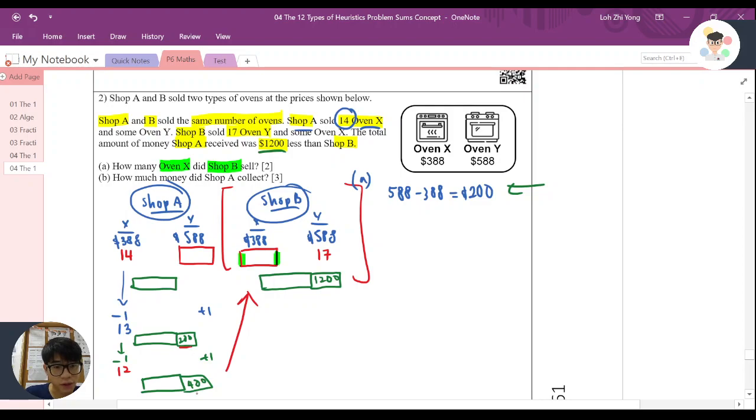This is 200, this is 400. How many times do we need to minus in order to reach 1,200?